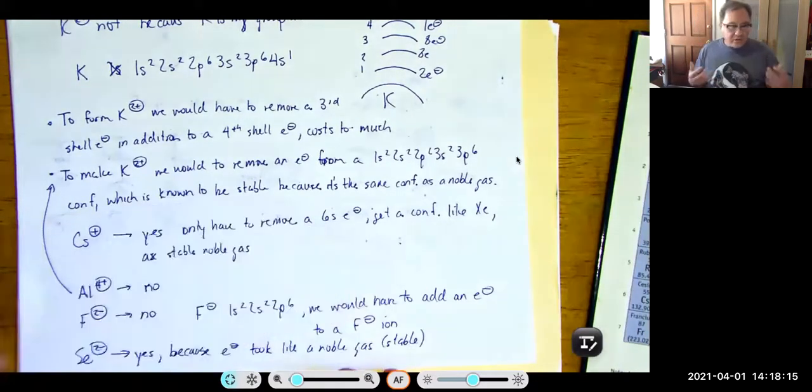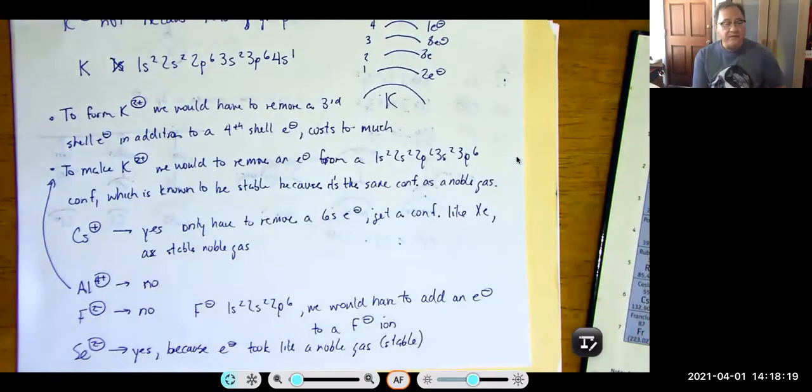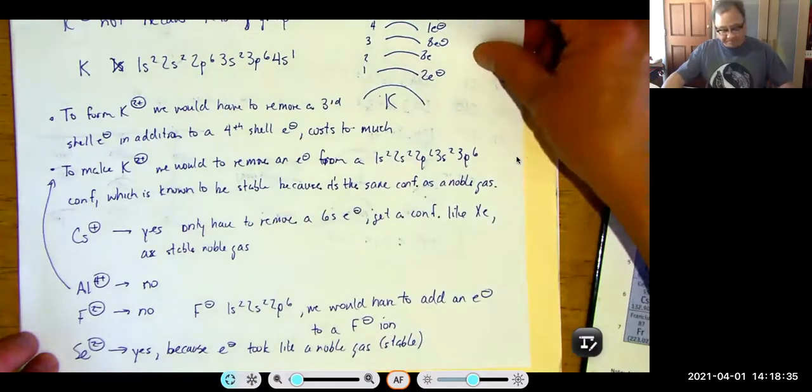So you don't want to write just that it's going to look like a noble gas. You want to say a little bit more than that. We know that once you get a noble gas configuration, they tend to be stable. That's why they're called noble gases. They're unreactive and rare. Okay, so that's number 68.